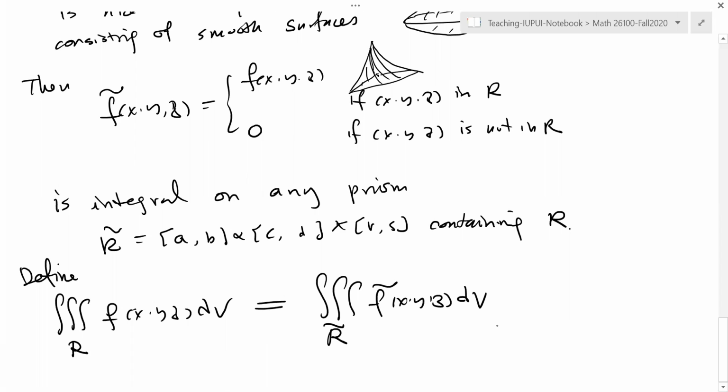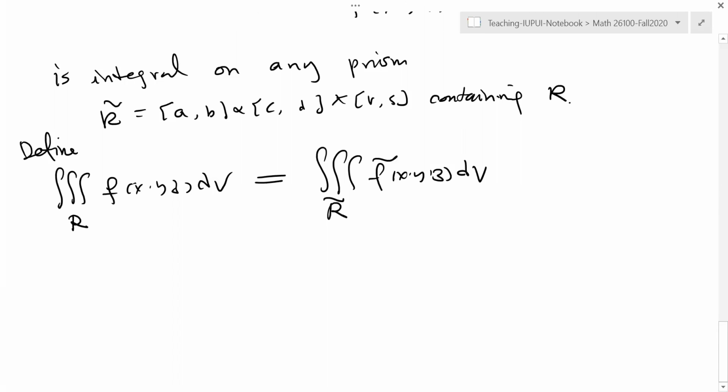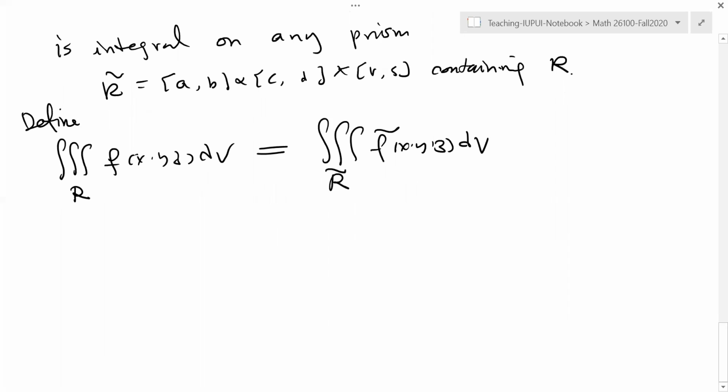Then the next step is how to solve the problem using iterated integrals. Fubini's theorem is still true for the above f, so we can evaluate using triple iterated integrals. So how do we do that?